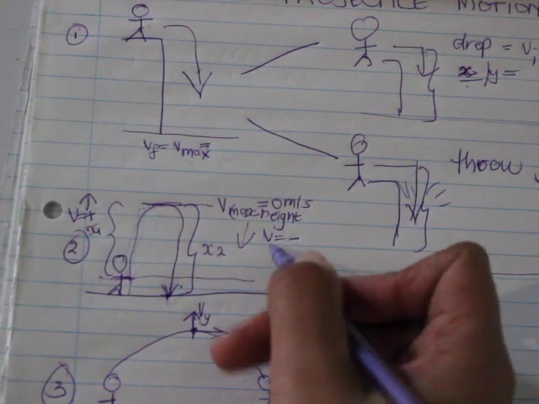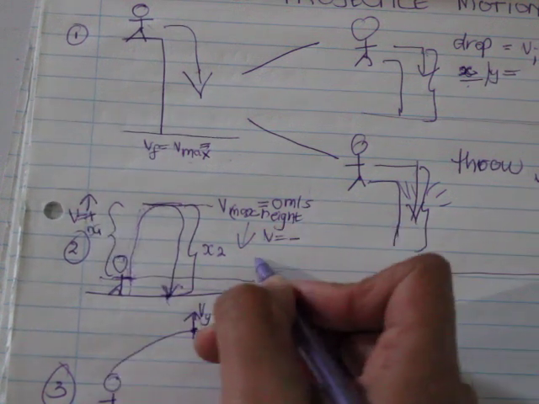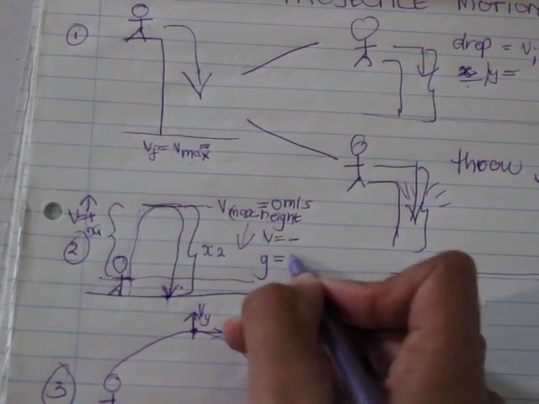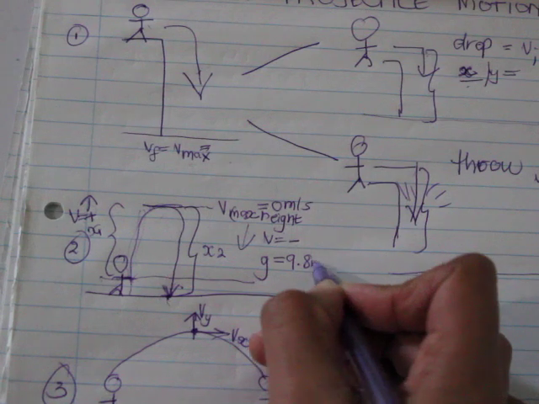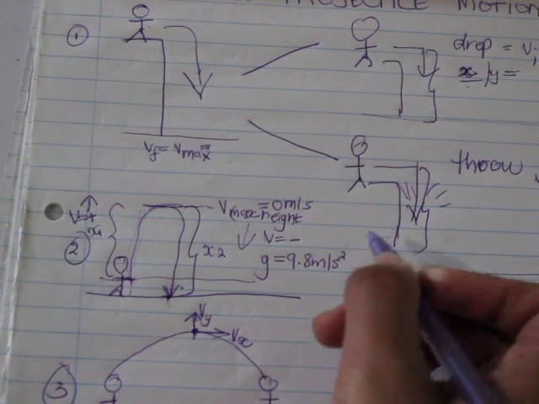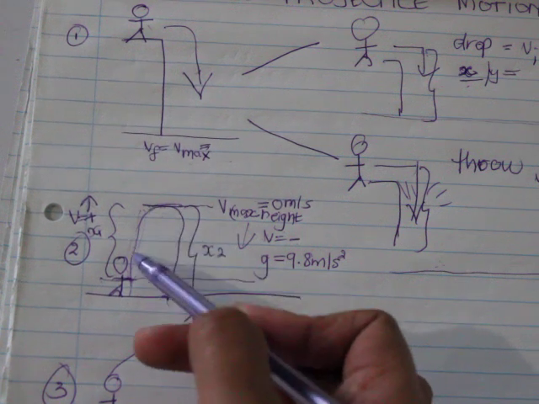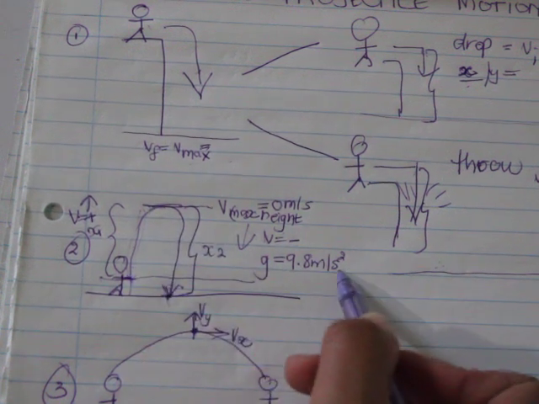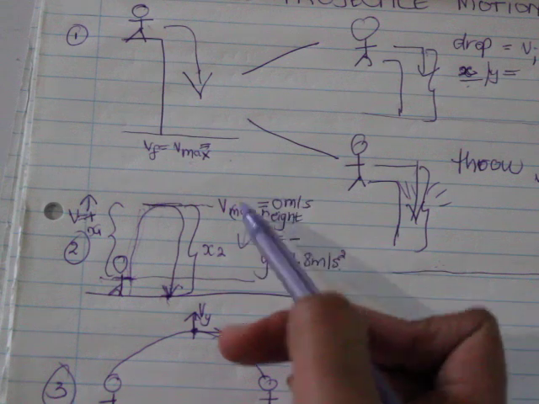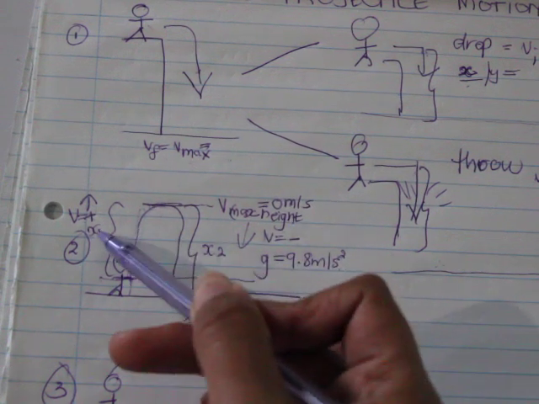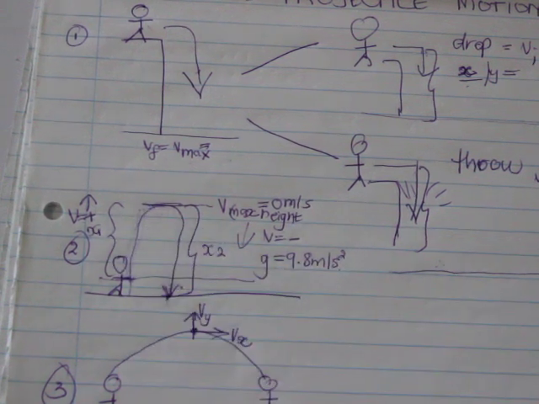The last thing to note: if you make this positive over here, the gravity will always be 9.8 meters per second squared. So at each point, wherever this ball finds itself, the gravity will always be the same. But the velocity won't always be the same, and the distance won't always be the same.